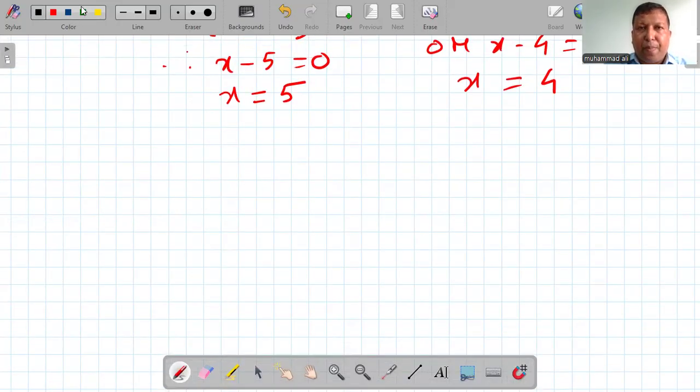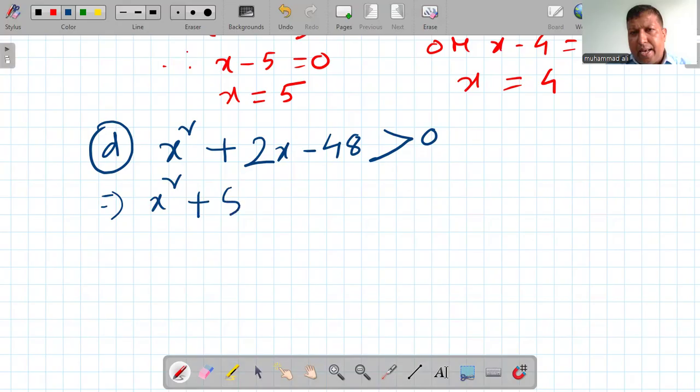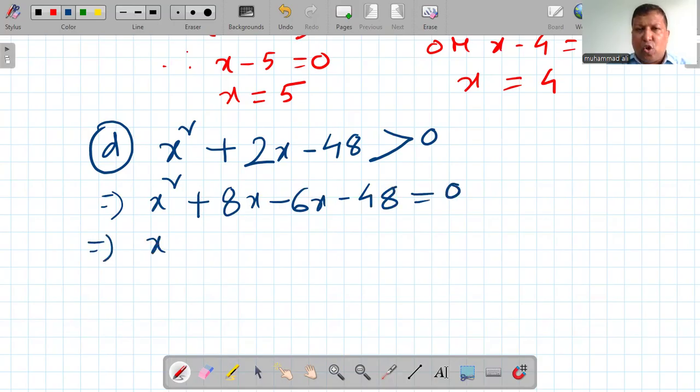Now D, x squared plus 2x minus 48 greater than 0. So do the factorization. x squared plus 8x minus 6x minus 48 equals 0. Now take x common, so x plus 8.